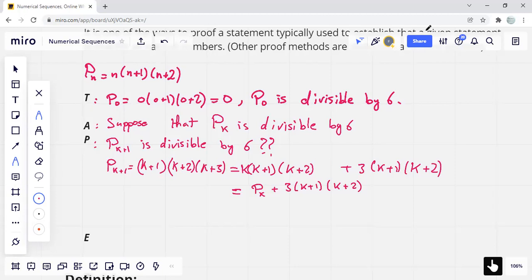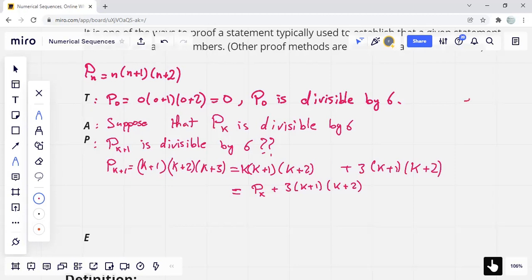k plus 1 and k plus 2, we can notice that they are two consecutive integers. It means one of them is odd and the other has to be even. Okay, an even is what is divisible by 2.